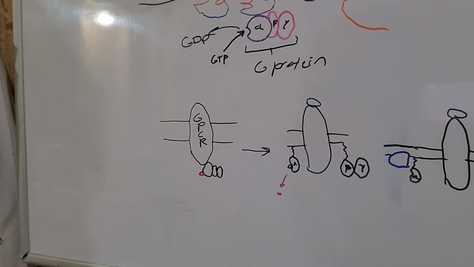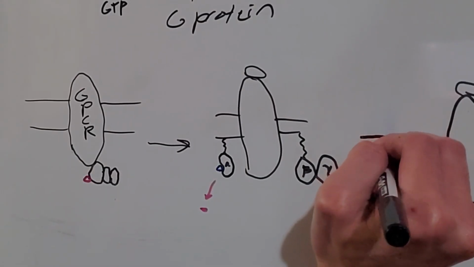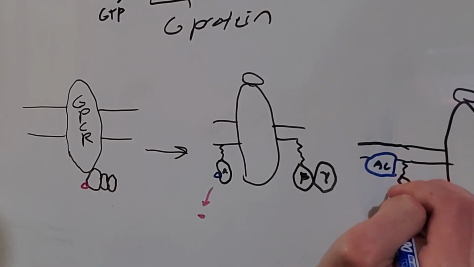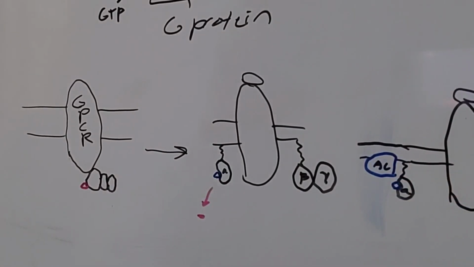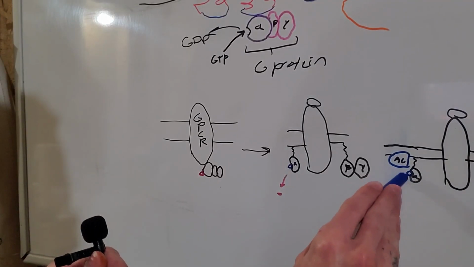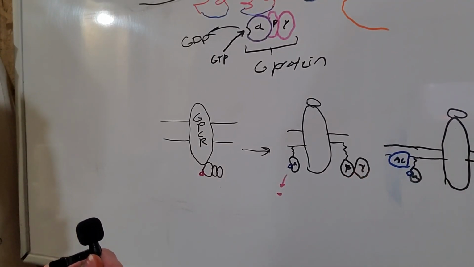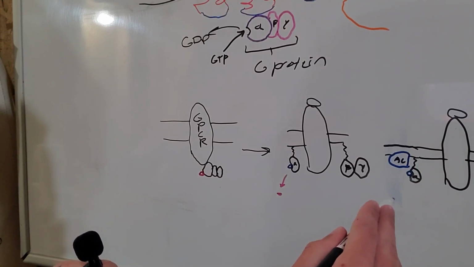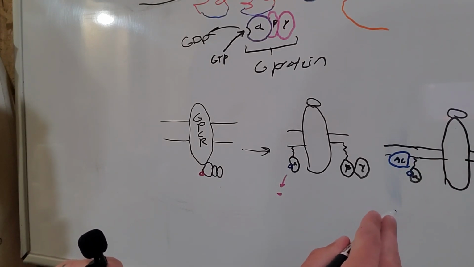Now, it does that through the conversion of ATP, adenosine triphosphate, into cyclic adenosine monophosphate, which is used as a secondary messenger. I'm just going to label this as adenylate cyclase. And this still has the GTP bound to it. So this interacts with the adenylate cyclase and activates it. And what that does is it stimulates the synthesis of cyclic adenosine monophosphate.